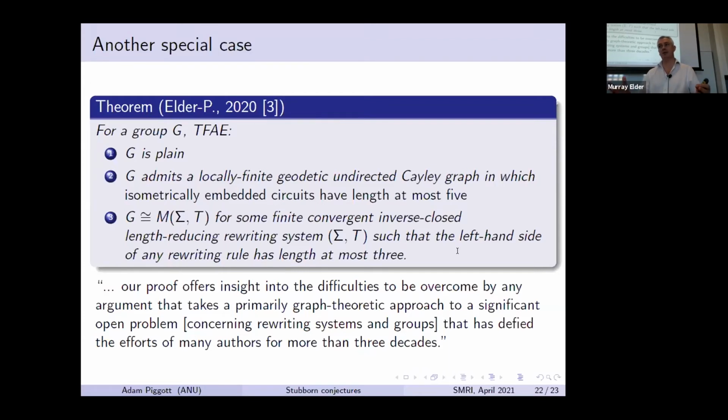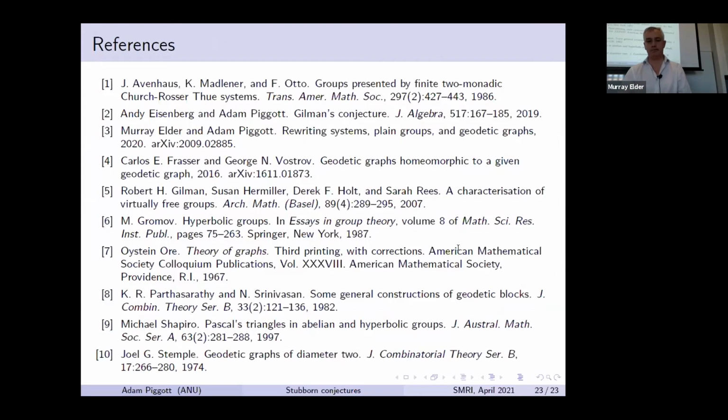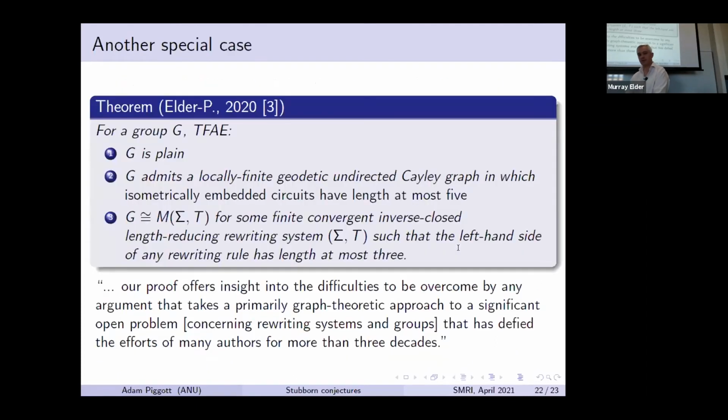We don't think our proof for this was anything more than performing due diligence. We're saying, can a graph theory approach really work? Could we take Orr's problem and make that work? And we think it's too hard. That's it. That's all I wanted to say.